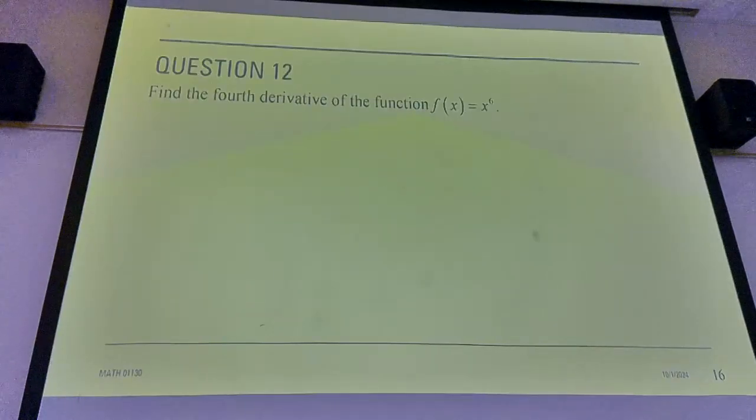Find the fourth derivative. What's f prime?